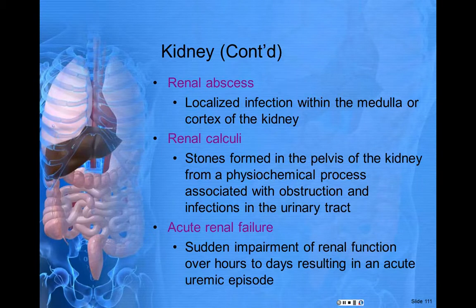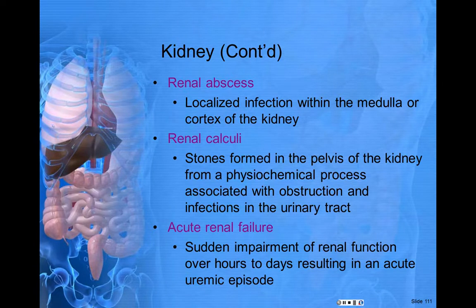Renal abscess is a localized infection within the cortex of the kidney, and renal stones can be formed in the pelvis and try to travel down the ureters to the bladder, but can oftentimes cause obstruction anywhere along that urinary tract.